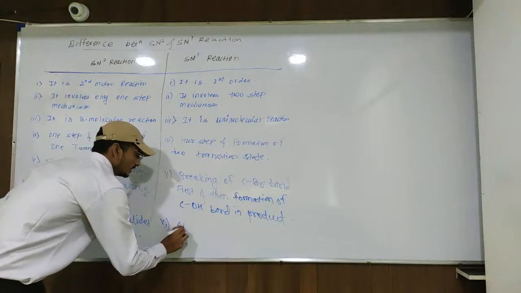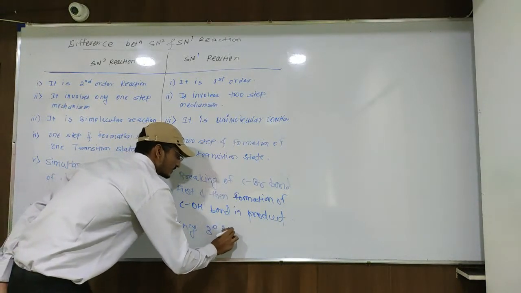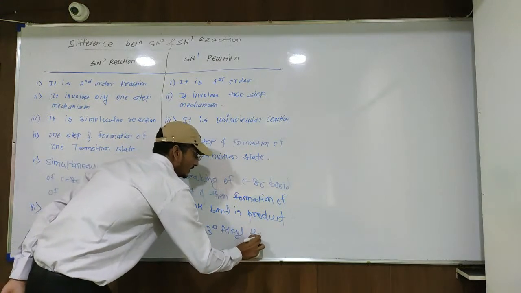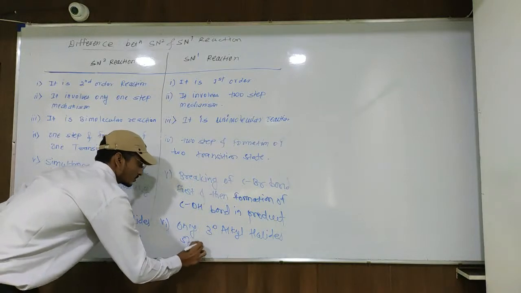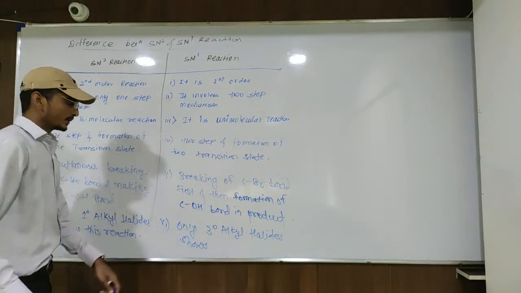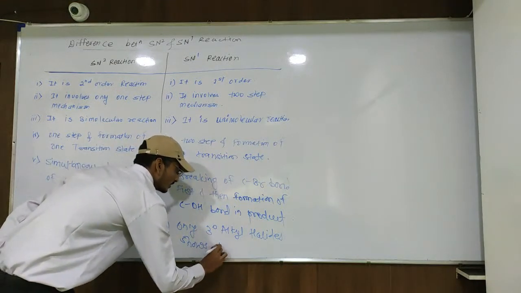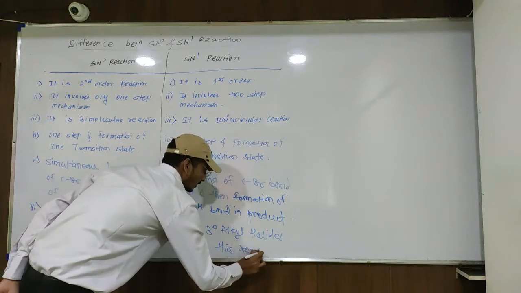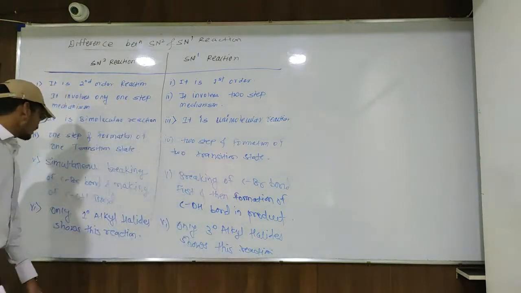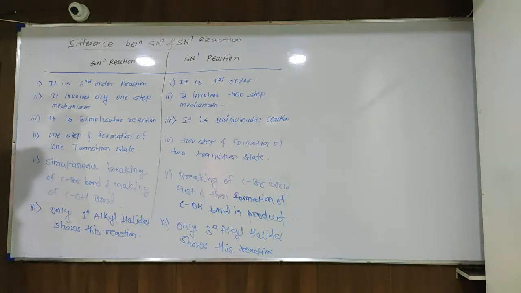In this case, only tertiary alkyl halides show this reaction. Okay. I will explain that later on. But in this case, only tertiary alkyl halides show this type of reaction, and that is nothing but the SN1. Okay. So these are some points that distinguish between SN2 and SN1.